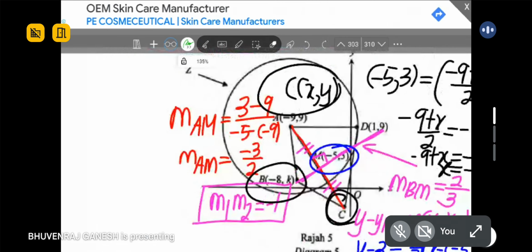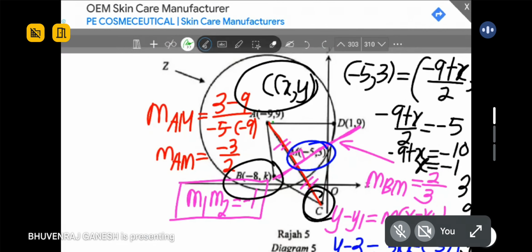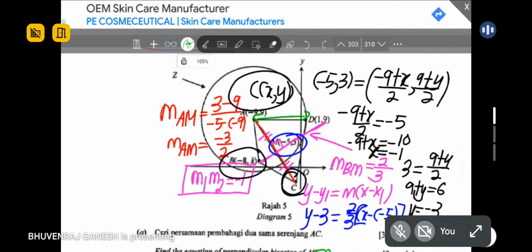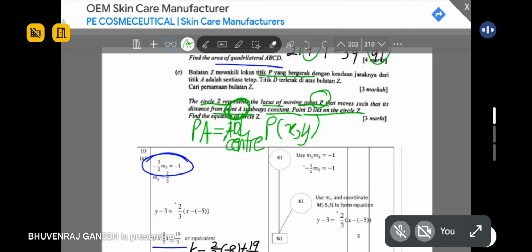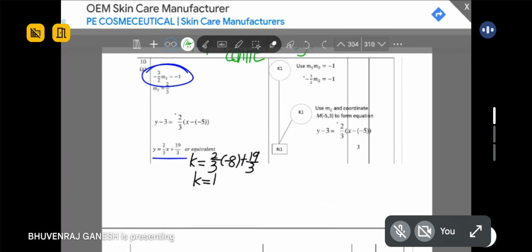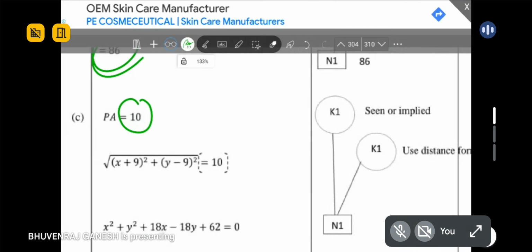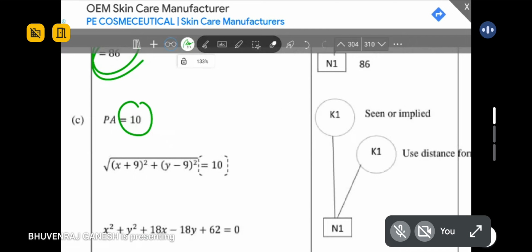Okay, so for AD, you can see the distance is 10, right, guys? From negative 9 until 1. Negative 9 until 1 is 10 units. Correct? So that's why PA equal to 10, because AD equal to 10. Understand? That's how they get it. All right. And then you just apply the distance formula, guna rumus jarak. So the formula is this one. Do you all still remember, guys?